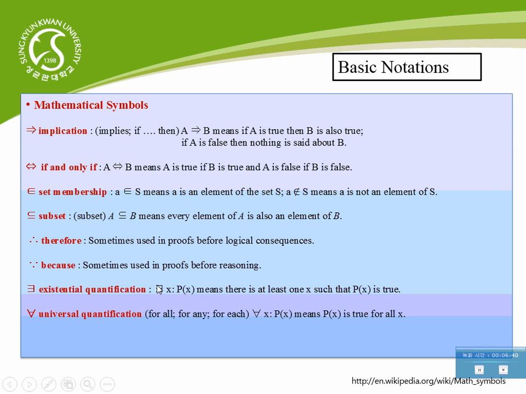This is a flip of capital E, which represents existence. And this is for all x: for all x, P(x) is true. So this means P(x) is true for all x. This is the flip of capital A, which means arbitrarily chosen, or all. So for all, there exists. This is the kind of notation that you will see in the book.